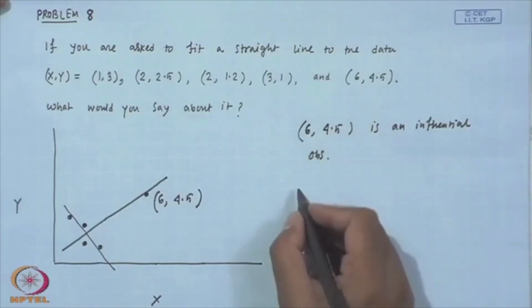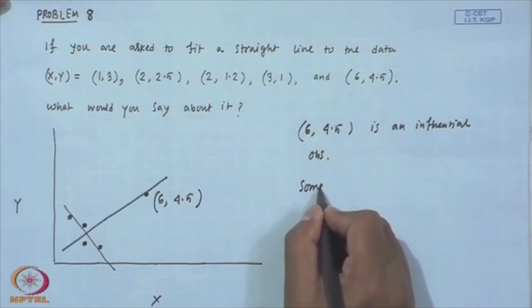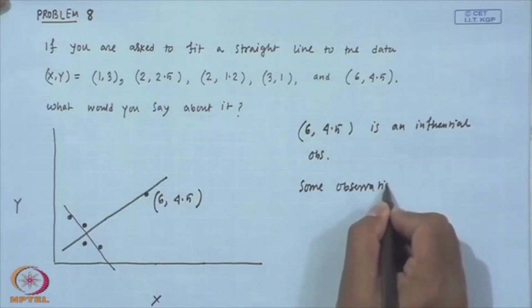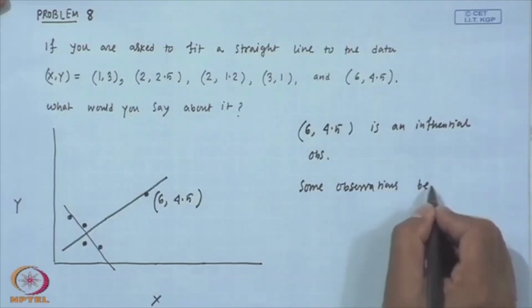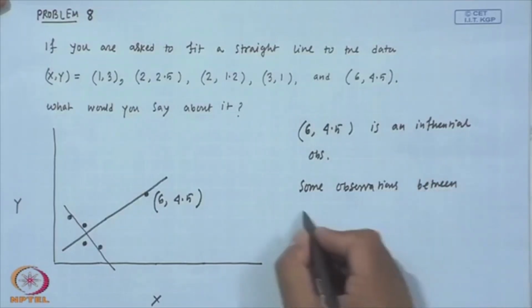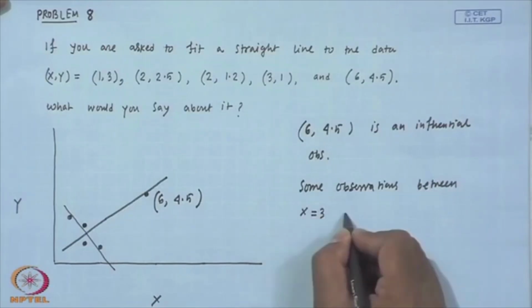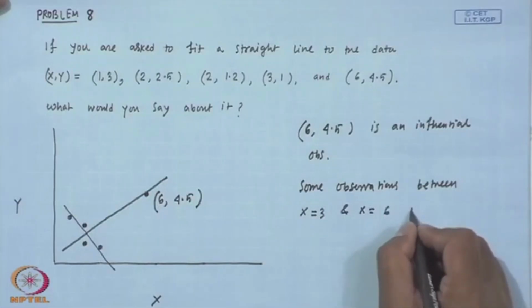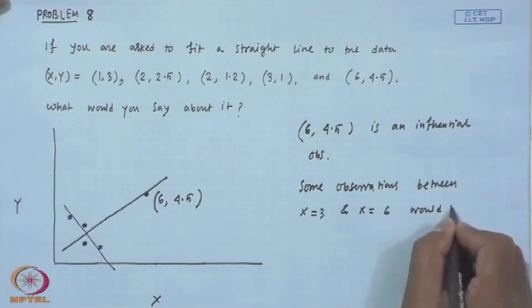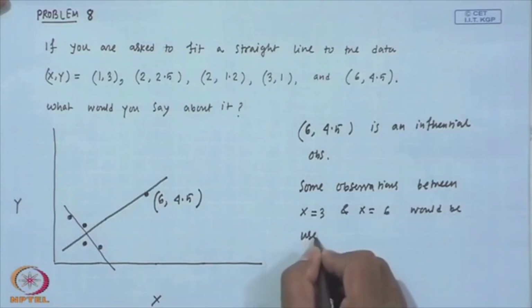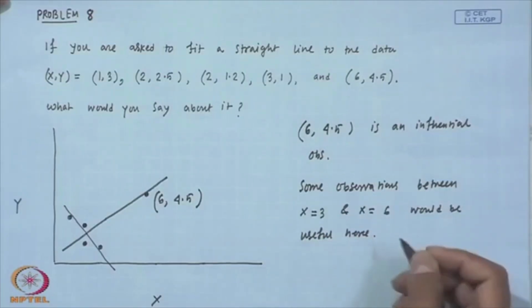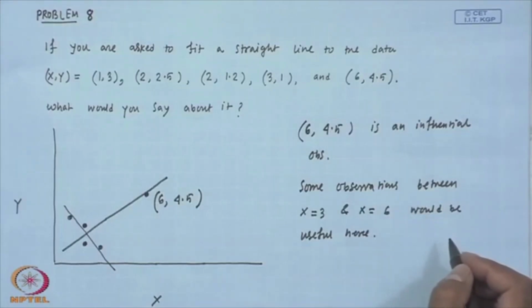So, some observations between x equal to 3 and x equal to 6 would be useful here. So, this is also you can comment in that way.